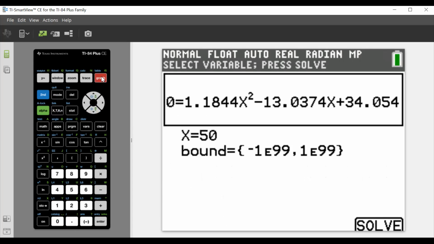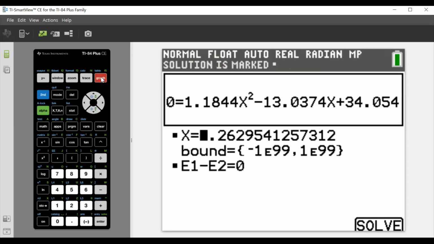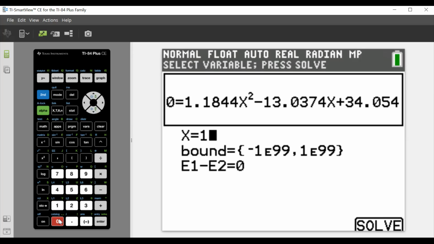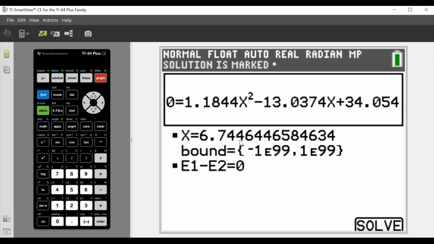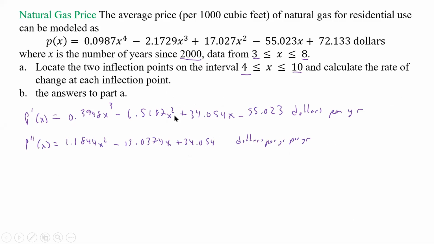Let's graph, and what we wanted was between 4 and 10, I think it was. So let's do a 2 and say graph. So 4.262 is going to be one, and if we put it in on the other side closer to 10, we get 6.745. All right, so we got x equal to 4.264 and x equals 6.743. Again, we used our numeric solver to solve for those two.